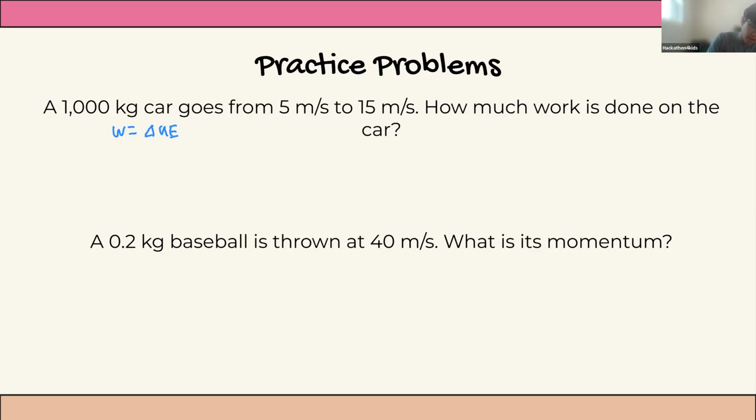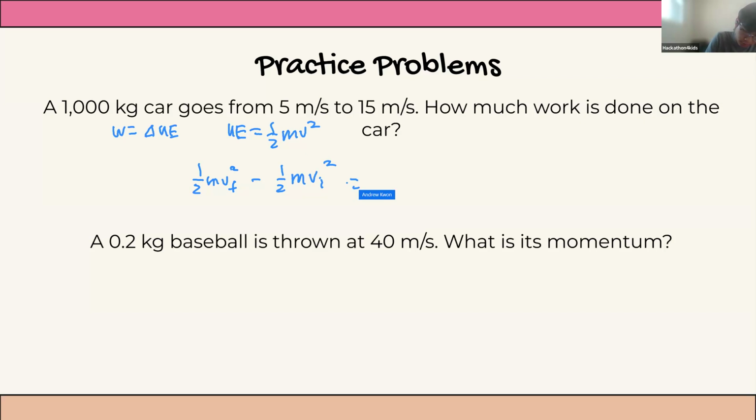Okay, so what is kinetic energy, right? Kinetic energy is 1/2 mv squared, right? And this is our change in kinetic energy, right? So this will be 1/2 m v final squared minus 1/2 m v initial squared, okay? And we have all the values we need, right?